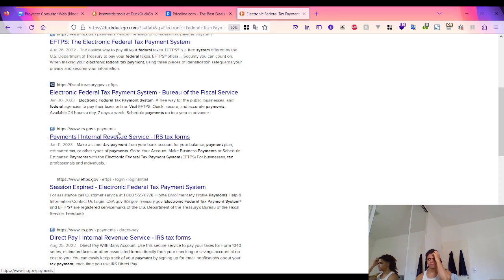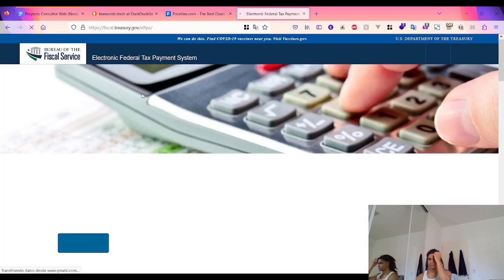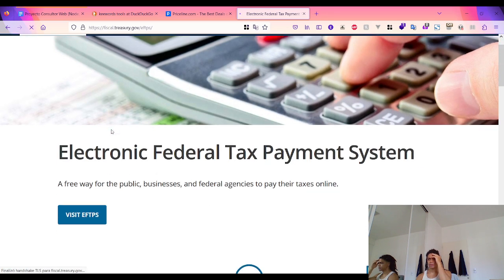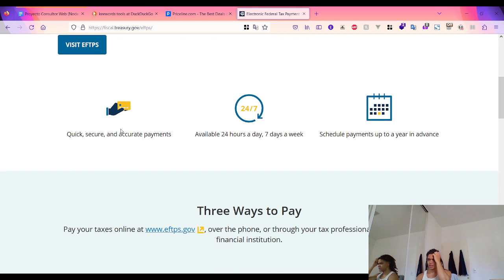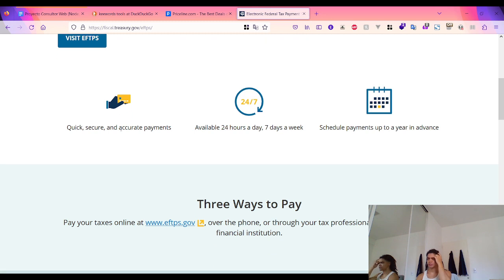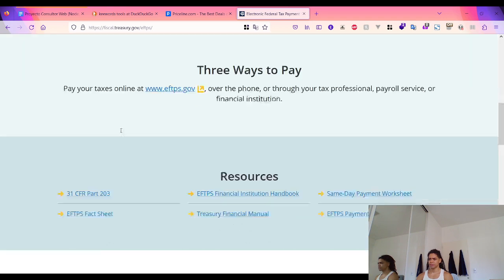A free way for the public, business, and federal agencies to pay their taxes online. Quick, secure, and accurate payment, available 24 hours a day, 7 days a week, with scheduled payments up to a year in advance.